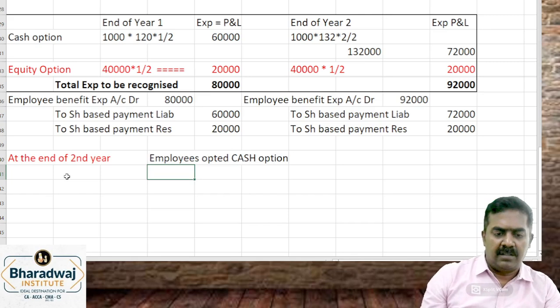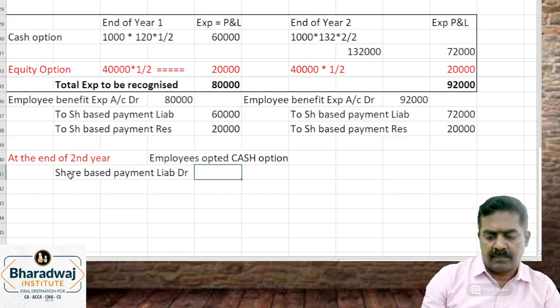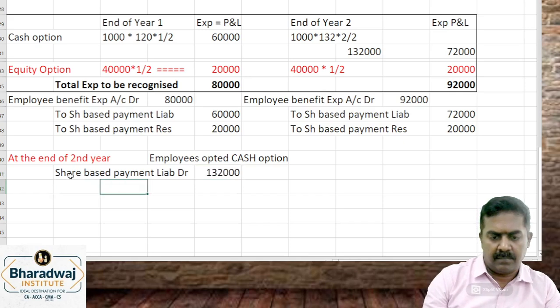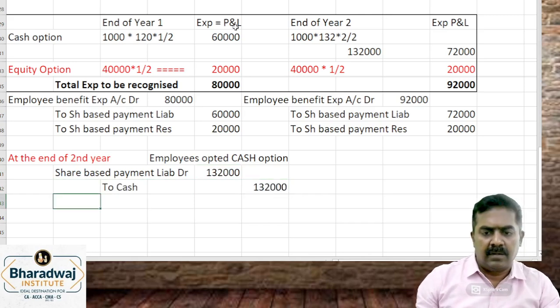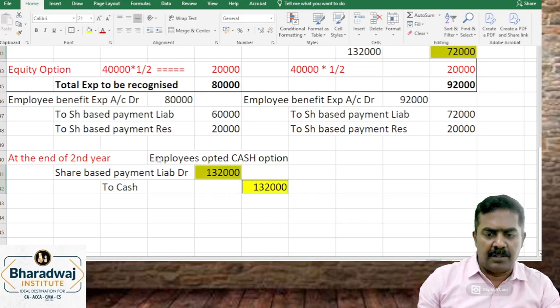Now just pay the cash. The 60 plus 72 is nothing but this 1,32,000.